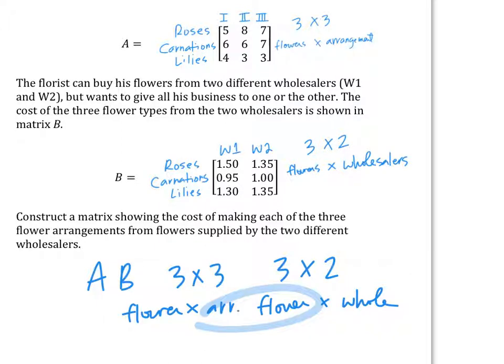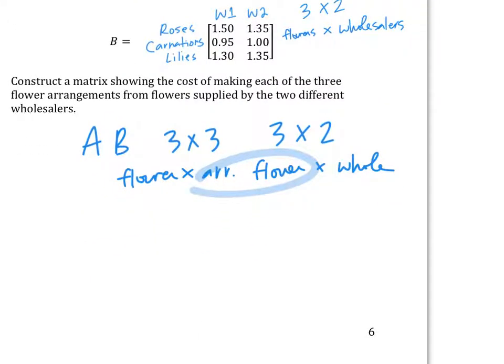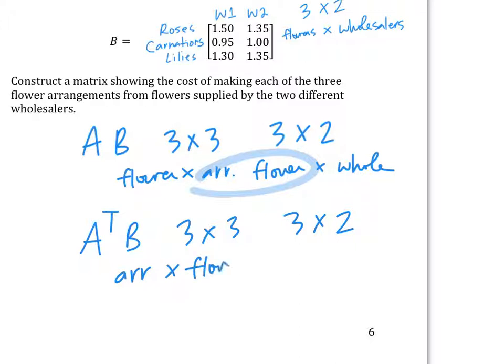So what I can do is do A transpose times B. I'm still keeping my 3 by 3 and 3 by 2, but this time my row and column switches. Now the flowers are meeting in the middle and I can multiply them together.